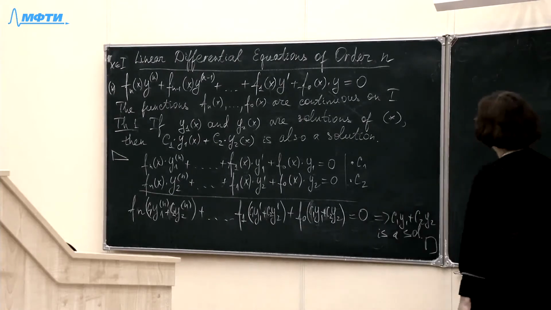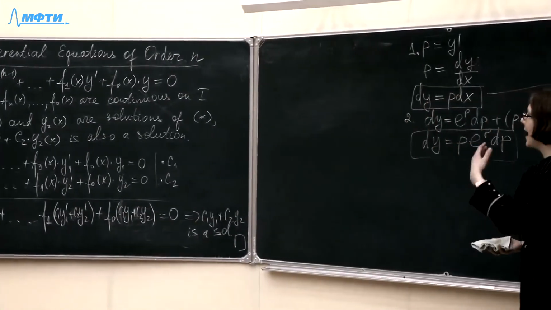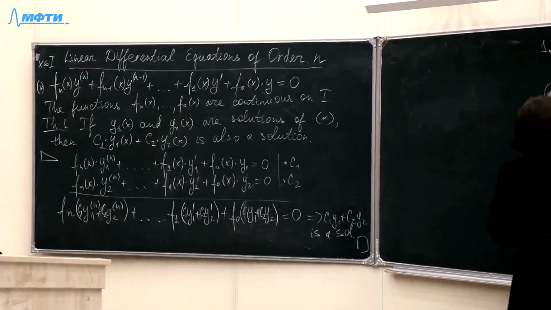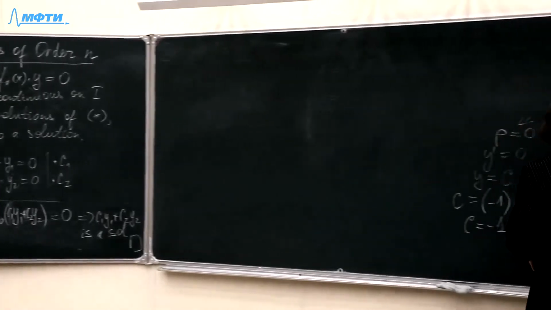So the theorem is proved. And the corollary is that any linear combination of any set of solutions is also a solution, right?